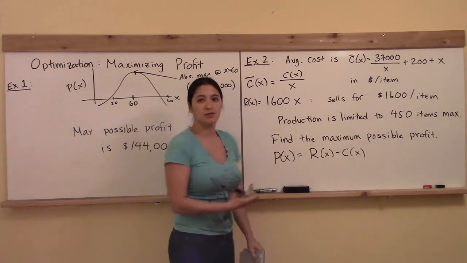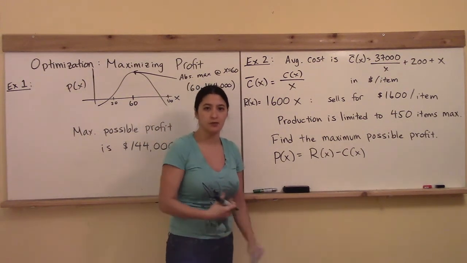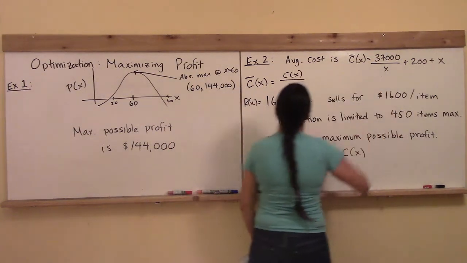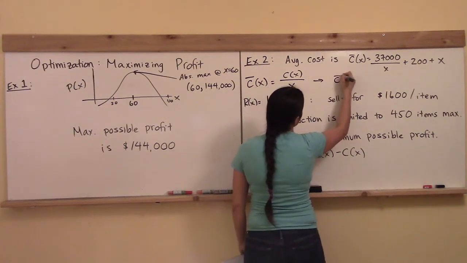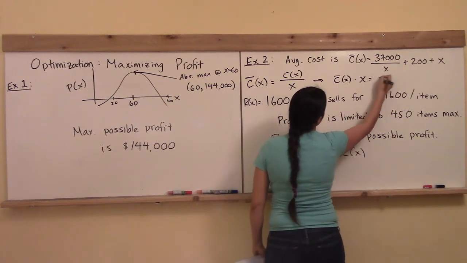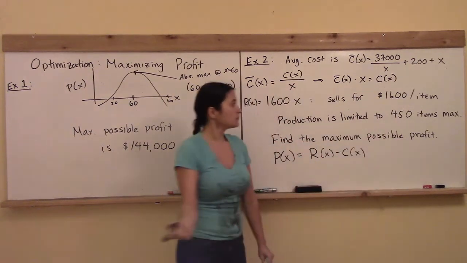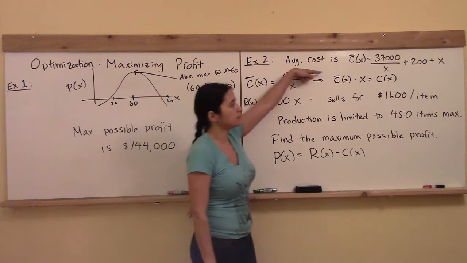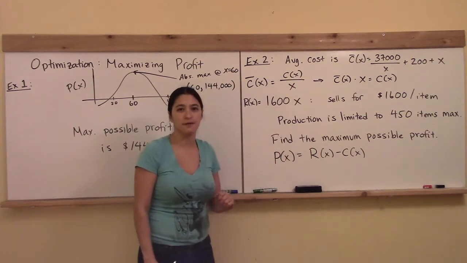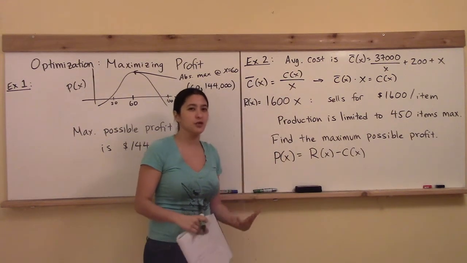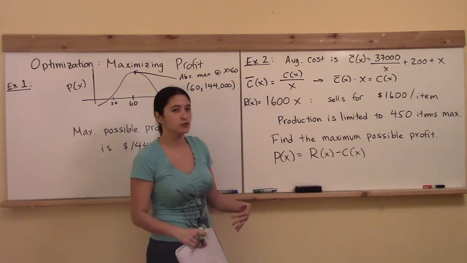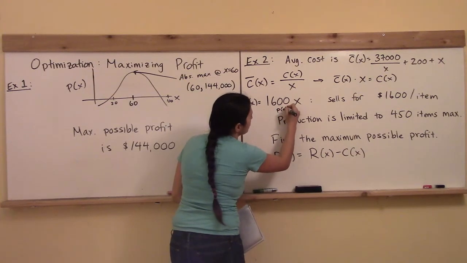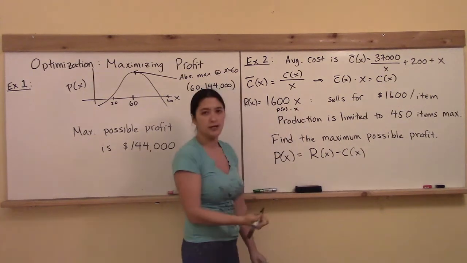Now, usually I've given you the C and I ask you for the C bar, but you can always do that backwards, which is to say if I multiply both sides of that equation by x, I get that C bar of x multiplied by x is equal to C of x. Oh, so I can find C of x. I just have to take C bar that's been given to me and multiply the whole thing by x. There's an analogy going on here between total cost and total revenue. You see, total revenue is equal to the price per item times the number of items.